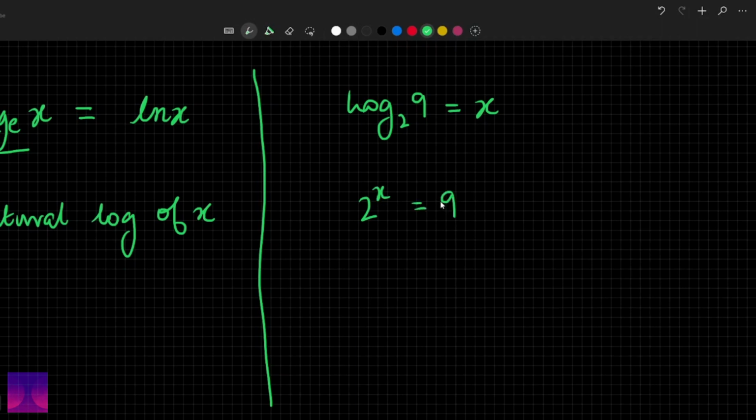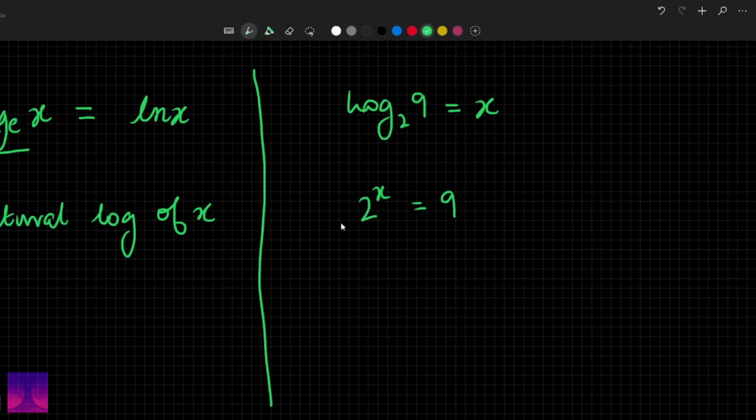Can you think of a number which 2 can be raised to and you will get 9? 2 to the power 1 equals 2, 2 to the power 2 equals 4, 2 to the power 3 equals 8, and 2 to the power 4 equals 16. So there is no natural number or integer which you can raise 2 to and get 9. So probably it must be some rational number or a decimal number, right? Yes, it's true, and you cannot calculate that with your own hands; it's not that easy.